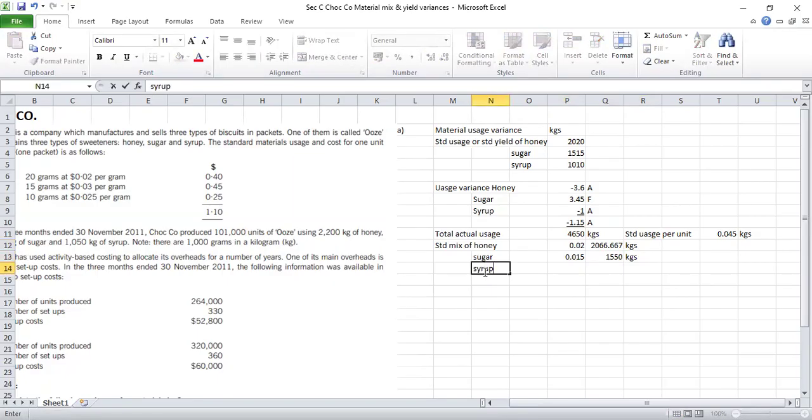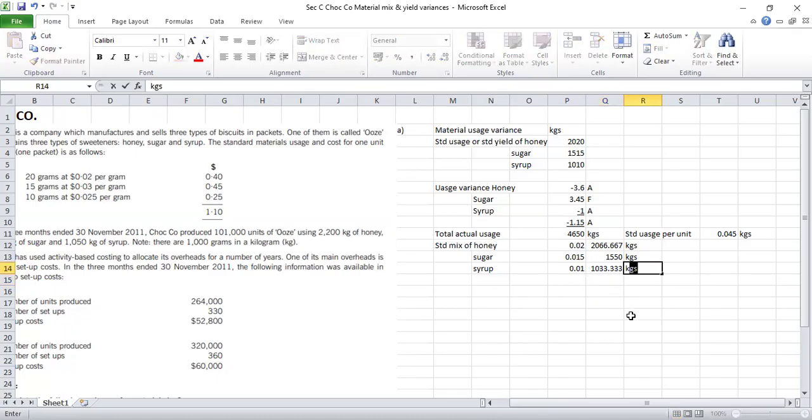Then we have syrup. 10 divided by 1000. Now 0.01 divided by total standard usage per unit, 0.045 into 4650. So this is the standard mix of honey, sugar and syrup.